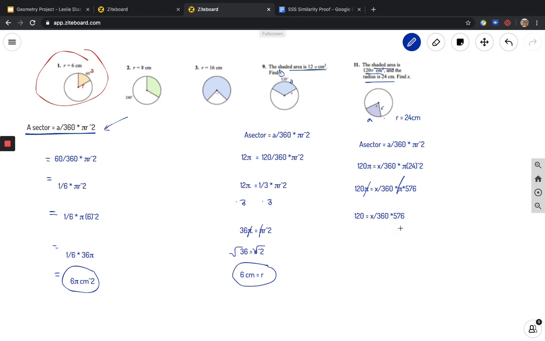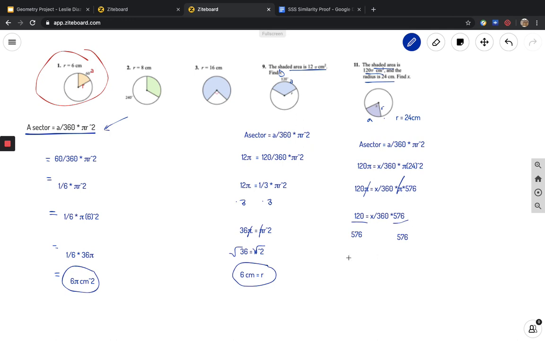Now we're going to divide by 576 on both sides. And what we're going to get if we divide 120 by 576 is 0.208333.